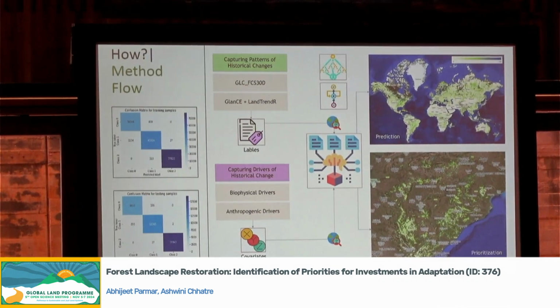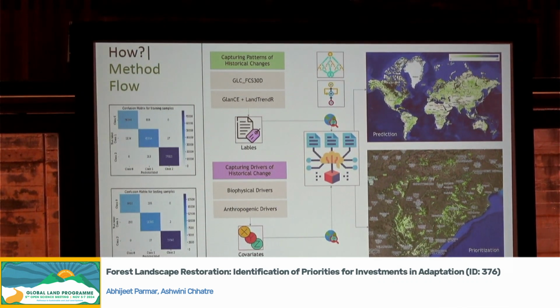This is the snapshot of the entire process. First we studied the historical transition. We took into account multiple change products, one of which is GLANCE, and we also used a landscape-based change detection model to generate our own outcome.